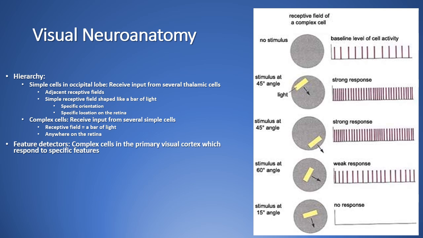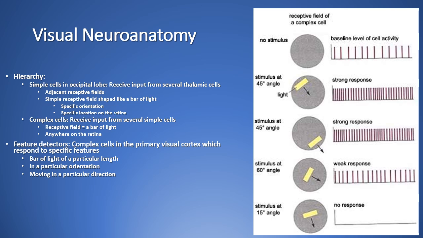So people talk about feature detectors. We think about complex cells responding to specific features. Some complex cells respond to a bar of light in a particular length and a particular orientation.